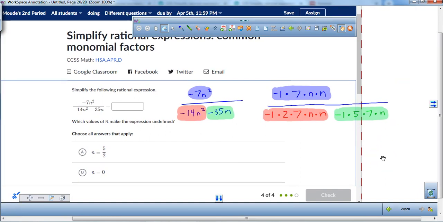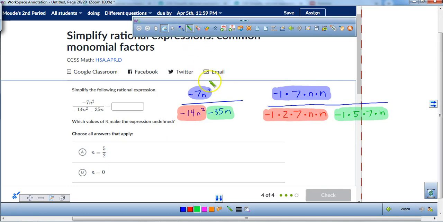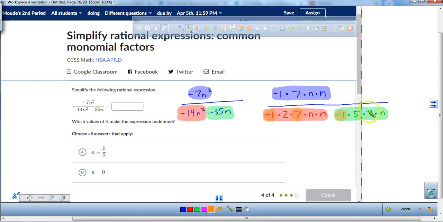Okay. So one thing we have to be able to do is look for some common factors in the denominator right here. Hopefully you can clearly see that they both share a negative 1, they both share a 7, and they both share an n. Now what does that allow us to do?